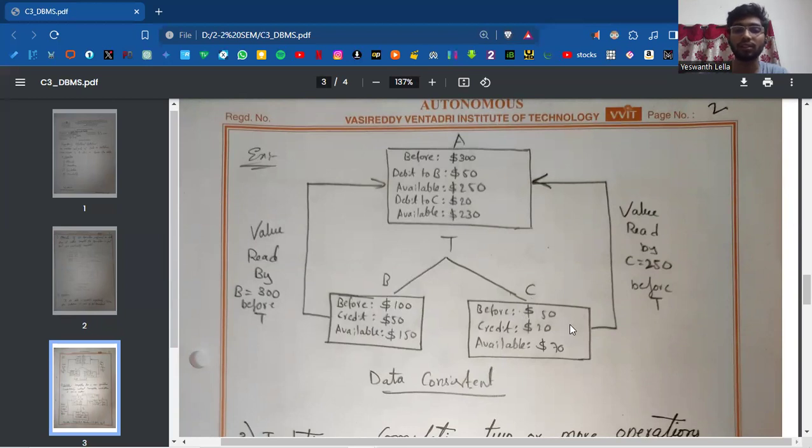To C we credit $10. Each of them was updated individually. As we can see, before data in B is $100, after available data is $150, and C is $50 and available data is $70. As in A, both the data is updated. The value read by B is $300 before the transaction.